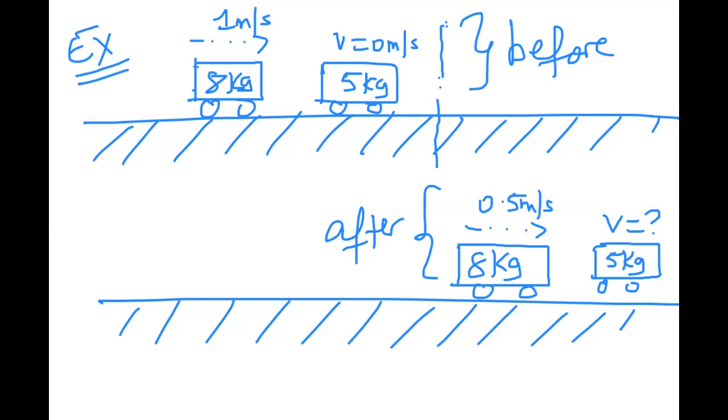The momentum of the 8-kilogram car will be 8 kilograms times 1 meter per second, which gives 8 kilogram meters per second. The momentum of the 5-kilogram car will be 5 kilograms times 0, that is 0 kilogram meters per second.